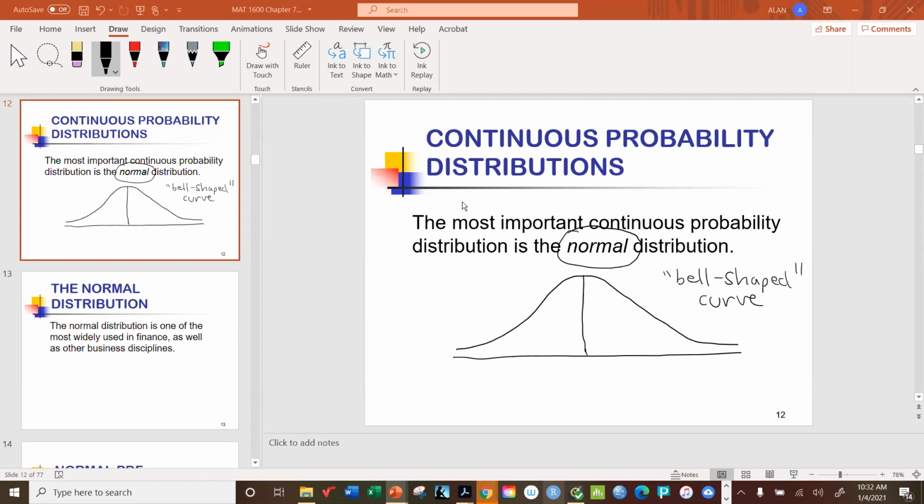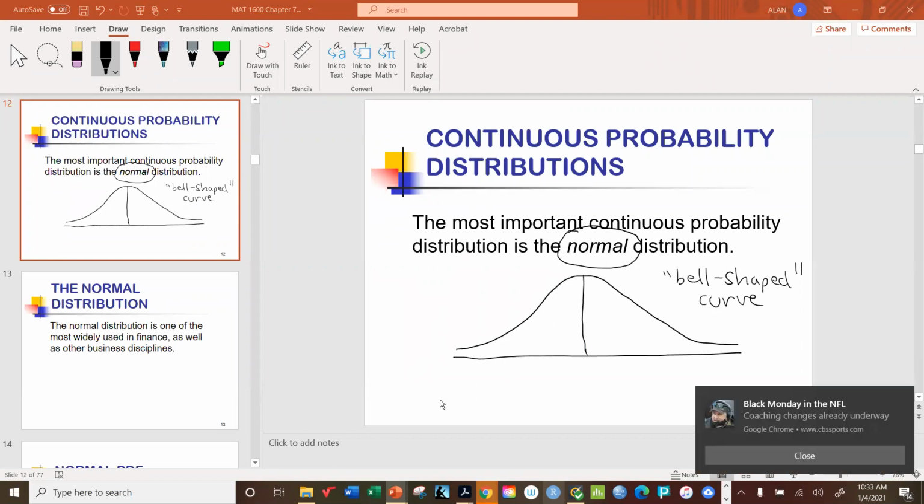In other words, the chances of being, let's say, 2 inches above average height are roughly the same as being 2 inches below the average height, and all the way out to the very tall and very short people. But the idea here is that there's an equal likelihood of being above the mean and below the mean, but you notice most of the probability is centered around the center, and then it falls off very rapidly.